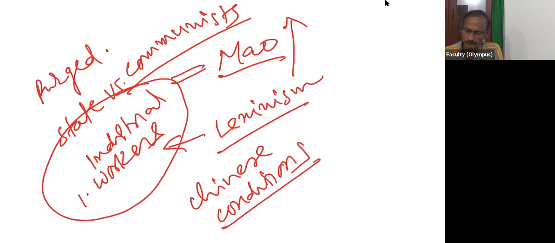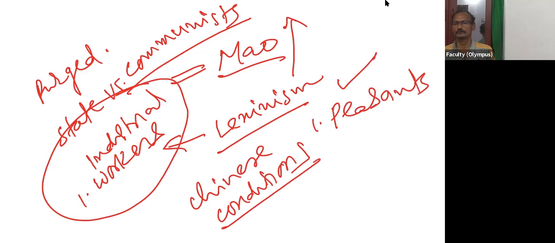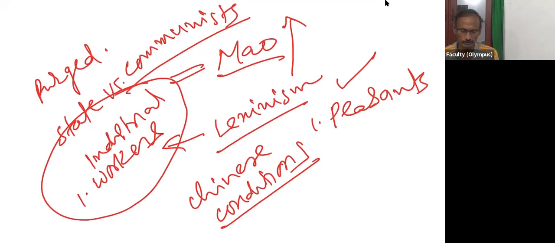Mao identified that in China, peasants play a very important role. So any revolution cannot come from industrial workers, but it should come from peasants. And Mao was also good at guerrilla warfare.